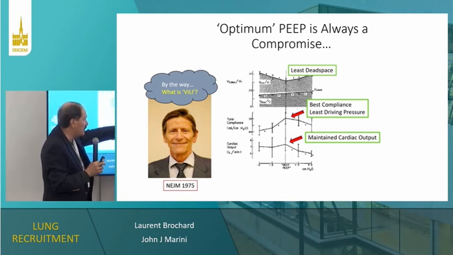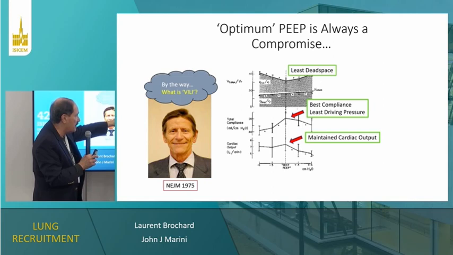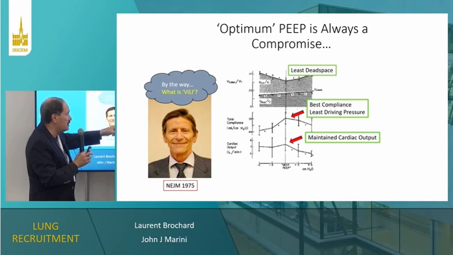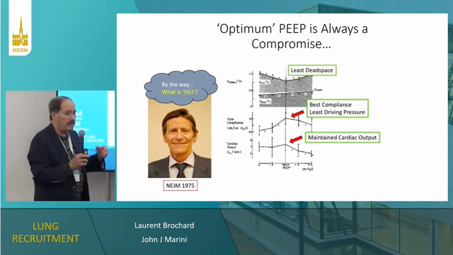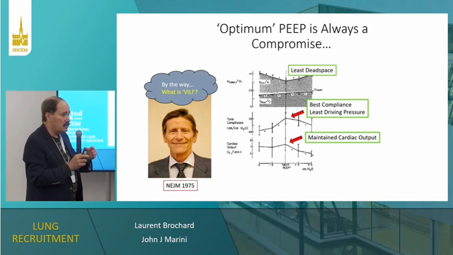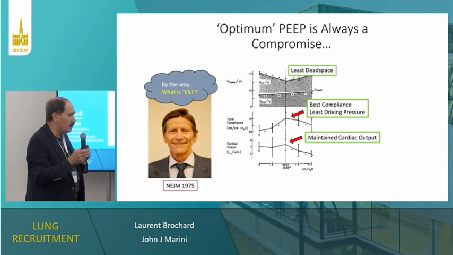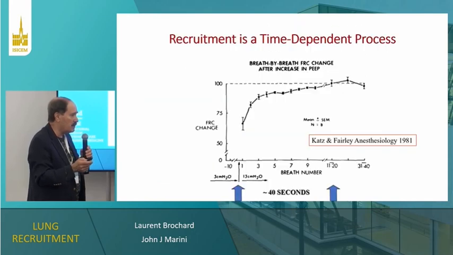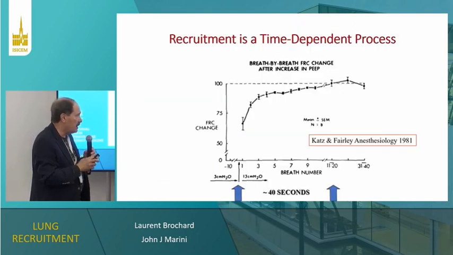What he showed was that the best compliance, tidal compliance, had the least driving pressure, and more importantly, it maintained cardiac output and produced the least dead space. So the best PEEP for Peter was the lowest driving pressure associated with a given tidal volume. That isn't always true. It isn't true for all patients, but it's a good thing to keep in mind that if we look at mechanical parameters, we're likely to get a good answer.